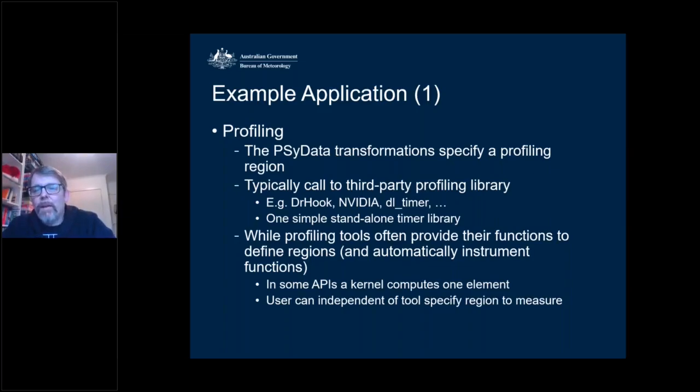I need to justify this a little bit, because whoever has used profiling libraries before knows that most of the tools automatically instrument functions anyway. So what is the advantage that we get out of here? Now, as I mentioned before, some of the kernel subroutines are actually only working on a single element. In the GOcean API and potentially in the NEMO API, the actual kernel call is a single element.